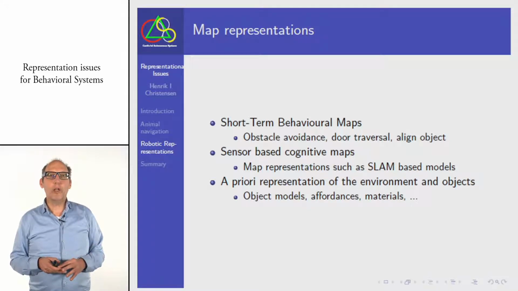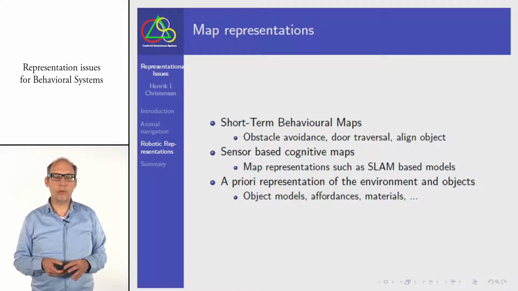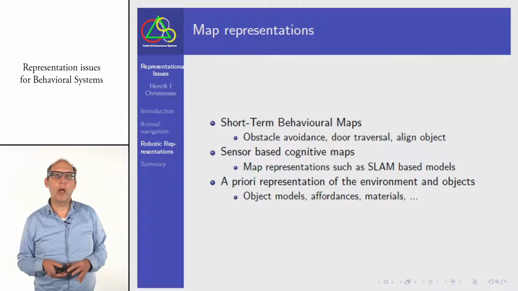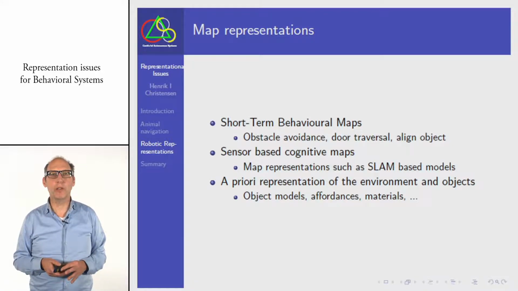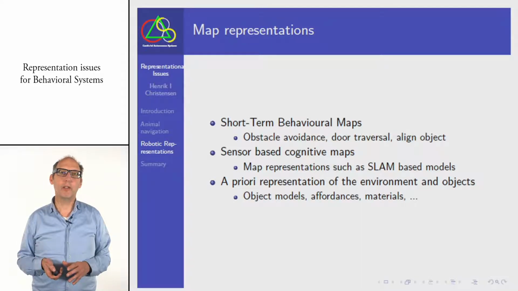So we will look at how these different layers are coupled to behaviors, examples of transient behavior in behavioral maps, how you can create sensor-based cognitive maps, and how you can incorporate previous experience with a priori representations.